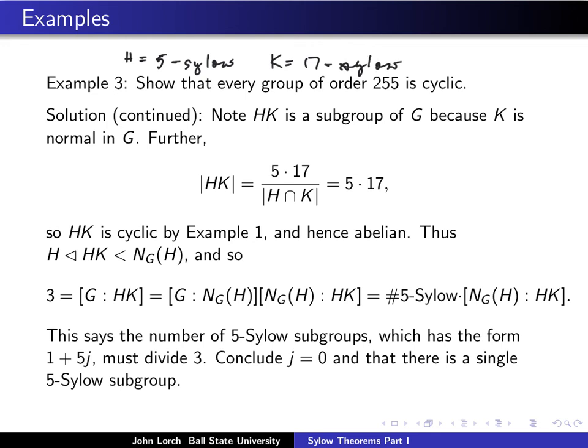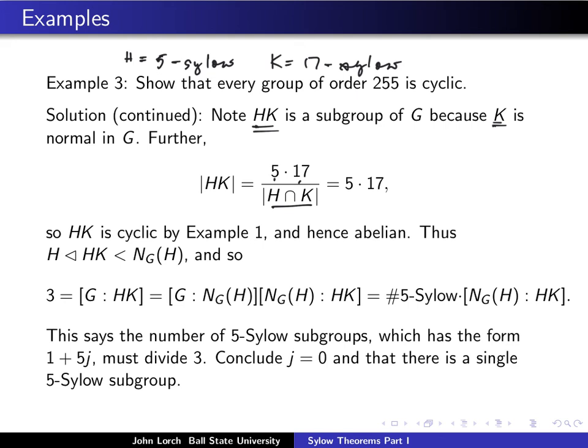All right, so notice that if we take the group HK, that is a subgroup of G, and it turns out that's because K is normal in G. That's, I think, from an exercise back in section 11. And further, if we want the size of HK, we can use the second isomorphism theorem to get that its size is going to be the size of H times the size of K divided by the size of the intersection.